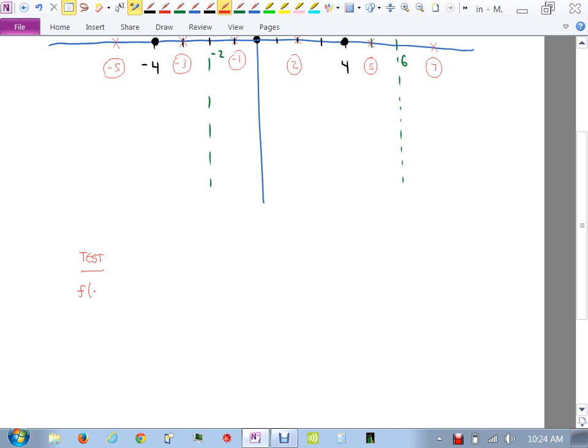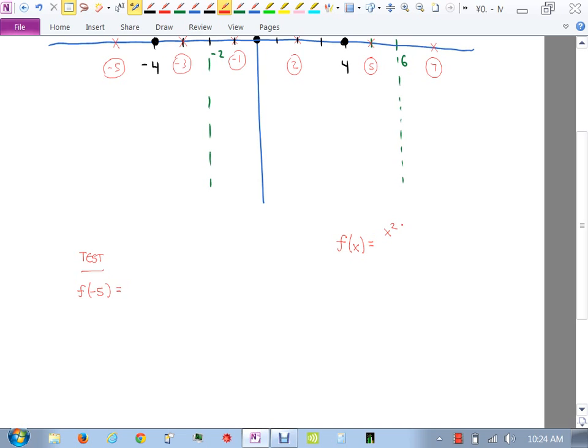So f of -5. Now I showed you a short way of doing this before, right? What's the short way? Using the factored out one? So maybe I'll write the factored out one over here.